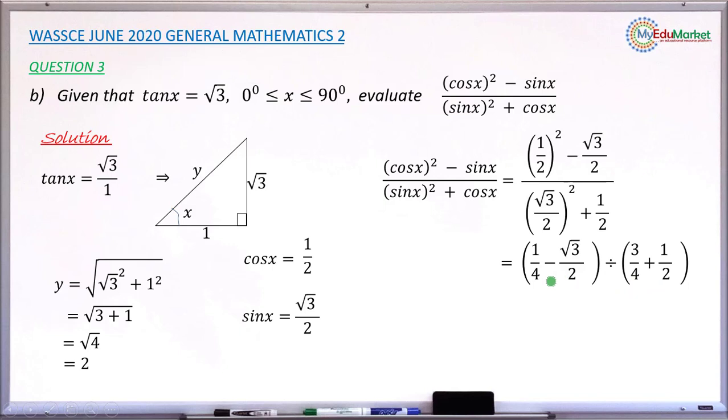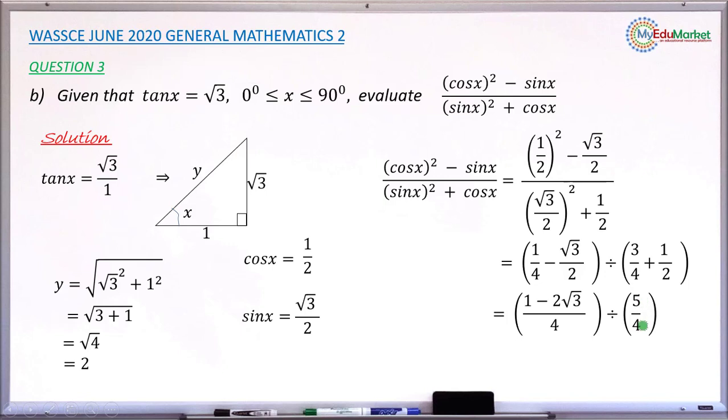Simplification of my numerator here, that is 1 over 4 minus root 3 all over 2. Using LCM as 4, you have 1 minus 2 root 3 all over 4. And addition of these fractions at the denominator, 3 over 4 plus 1 over 2, using LCM 4, if done correctly, you have 5 over 4. So you are dividing the numerator by the denominator, and my denominator is 5 over 4.